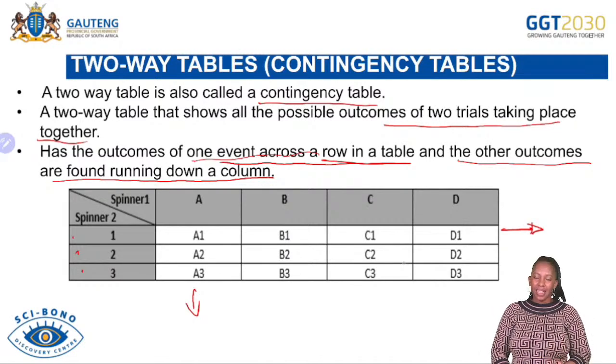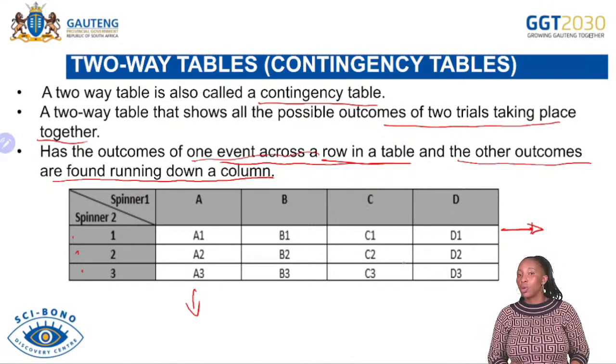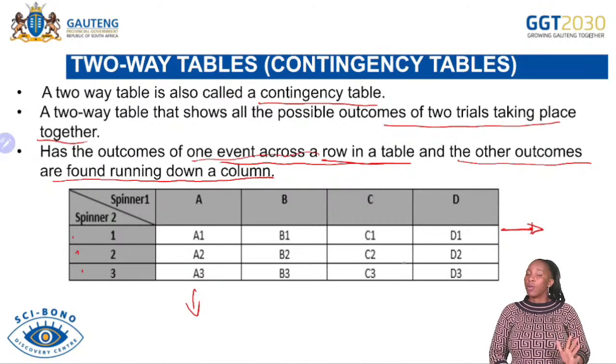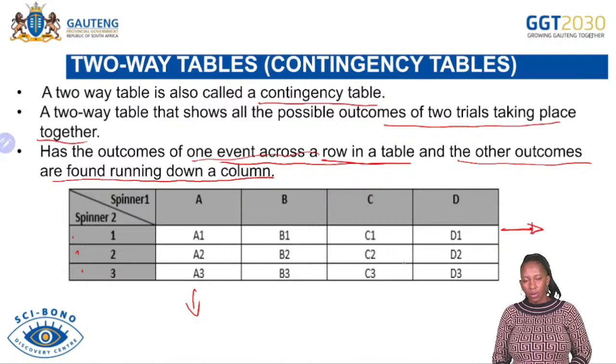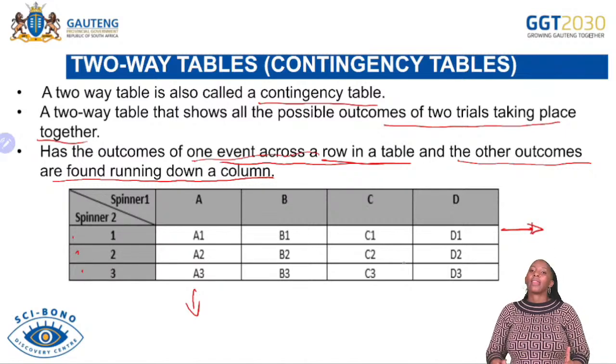You can understand this, because remember, if I have a dice and a coin, I can even translate that into a tree diagram. I know that a dice has 6 numbers, 1 up to 6, and a coin has a head or tail. So first, when I throw a dice, I can get a 1, and then I toss a coin.